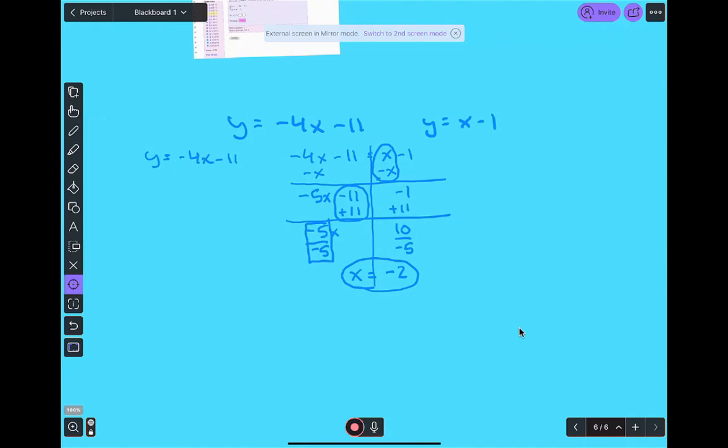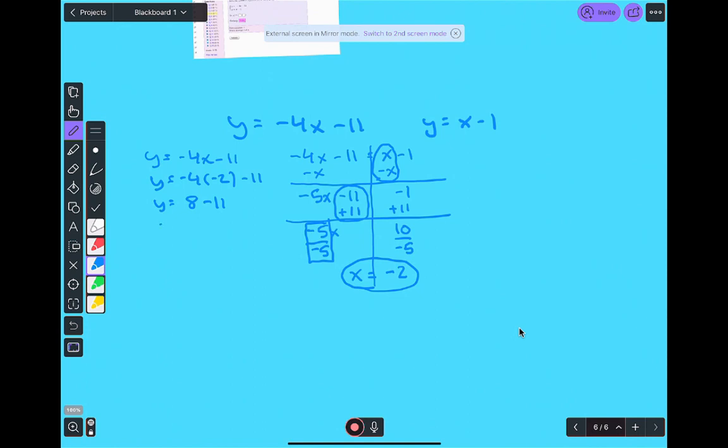But x is really equal to negative 2, so I'm going to replace that x with negative 2. So I have y is equal to negative 4 times negative 2 minus 11. A negative times a negative is positive, so negative 4 times negative 2 is positive 8 minus 11.